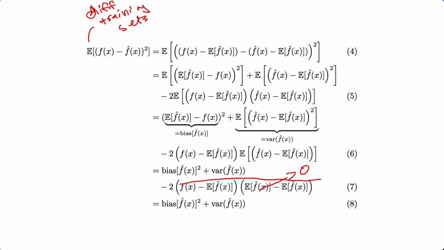So this whole term drops out. All right, so this is equation 8. We have shown that this is just the bias in the fit, right? The difference between the average fit over many training sets and the true relationship. And this is the variability in the fit, right? A particular fit, how different is it from the average? What is the average difference between a particular fit and the average fit?